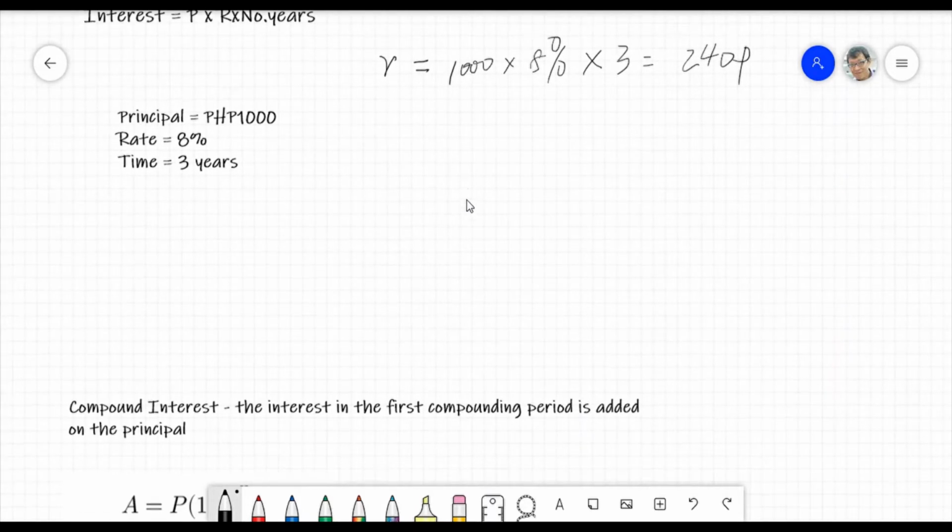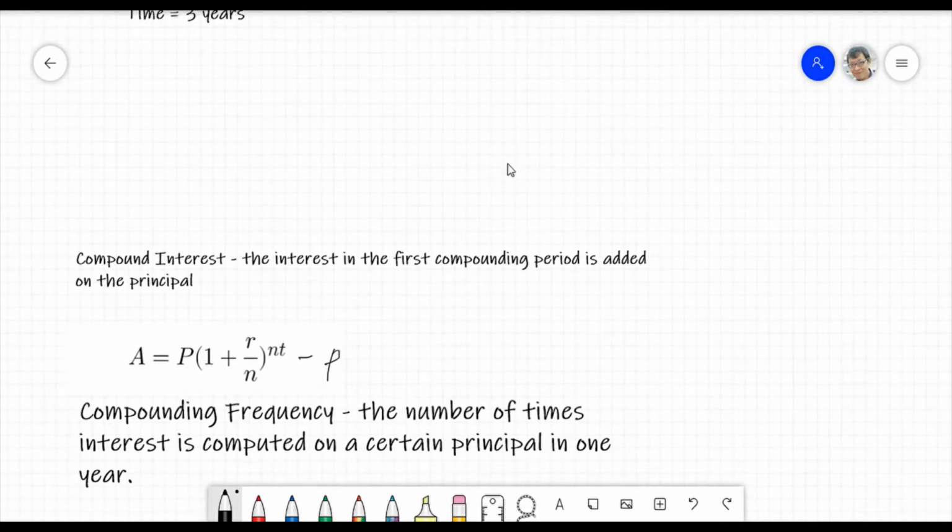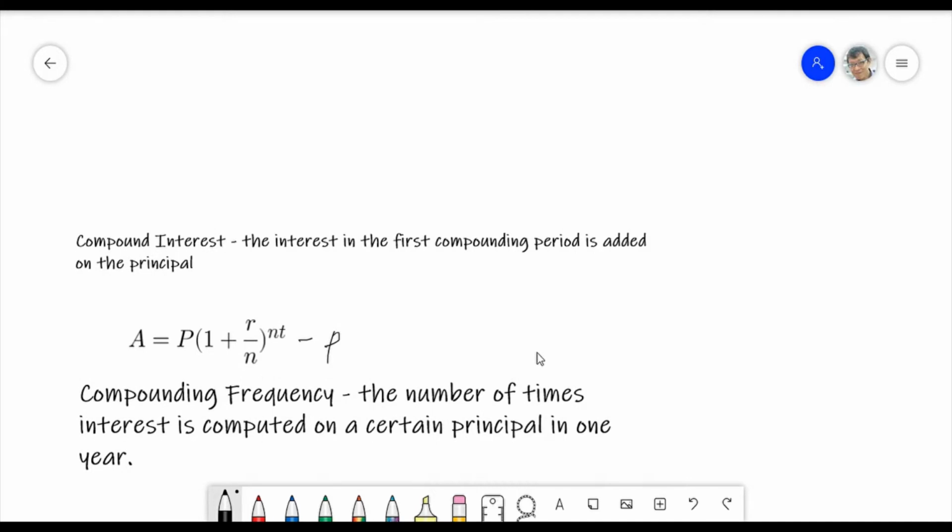Then we come to a little more difficult one. It's called compound interest. Compound interest is different from simple interest because at the end of every interest period, they add the interest into the principal. In the next interest period, the principal changes to the previous principal plus the interest you got.